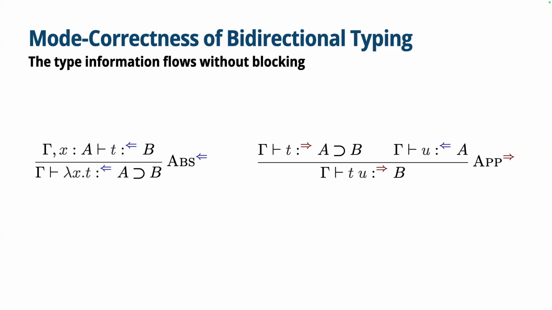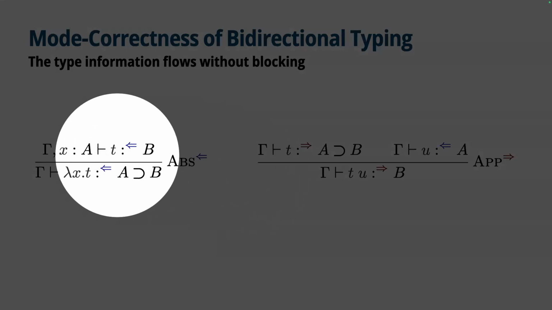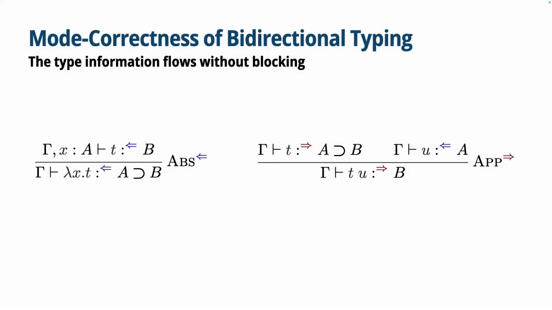So that means that although we always specify what needs to be given and what needs to be synthesized, we also make sure that everything we use to check in the premises needs to be known or derived somewhere already.